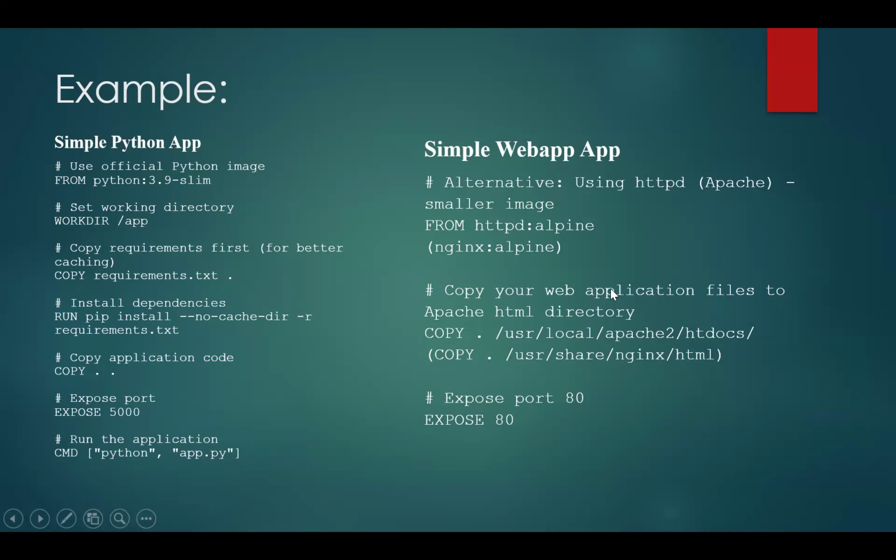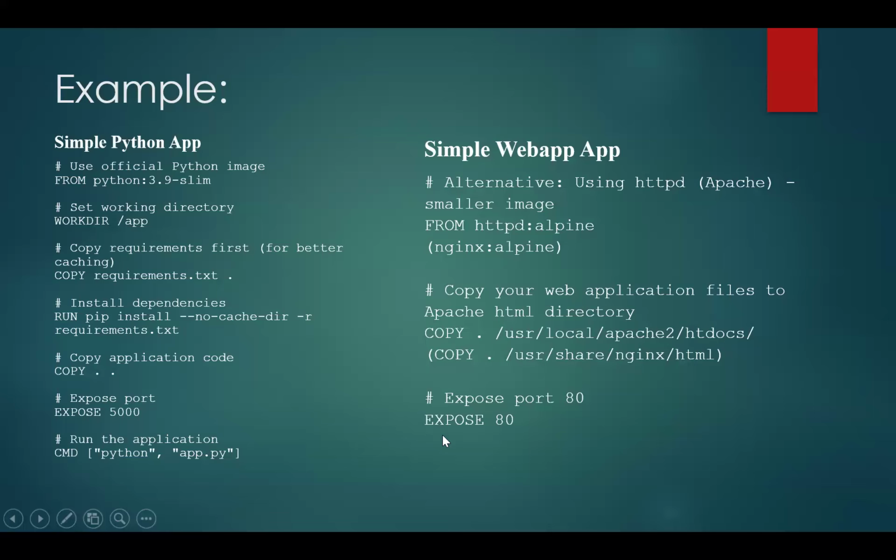But if they ask specifically to write a Dockerfile for a web app, then you write this one. Either you write HTTPD Alpine or Nginx Alpine, anything you can use. Copy dot to the docs directory. For all web applications, always use this one, because we are going to copy everything to the HTML doc root.